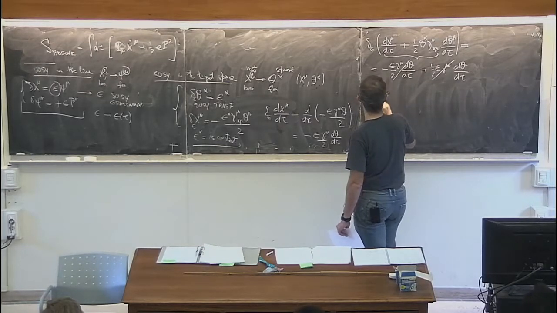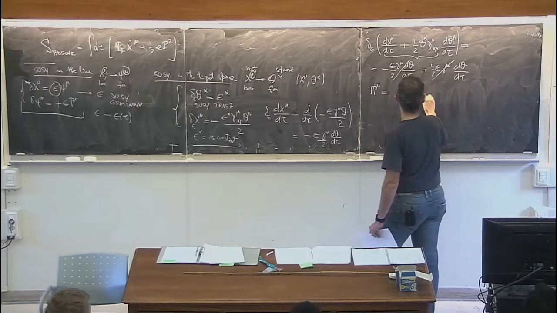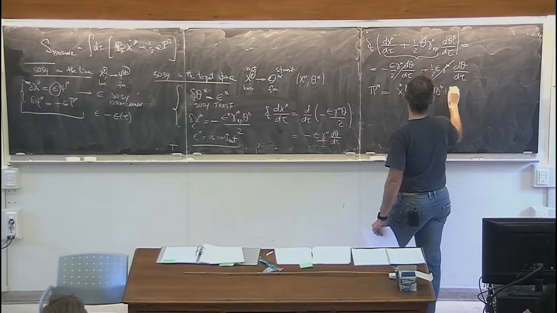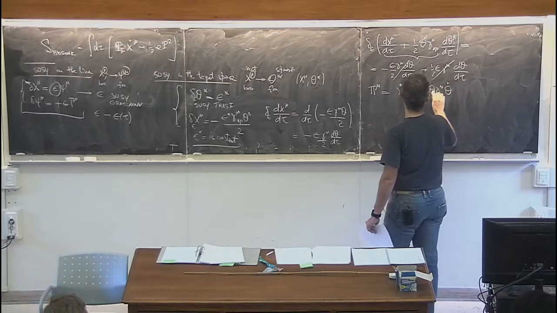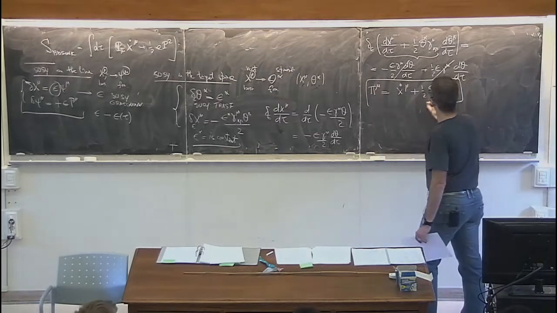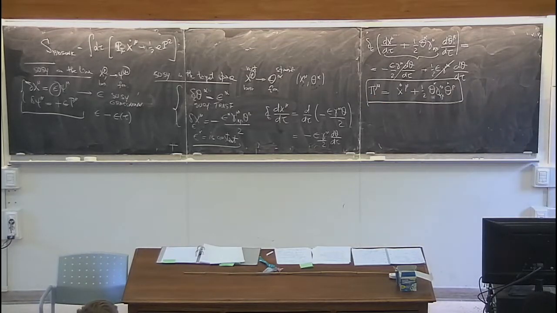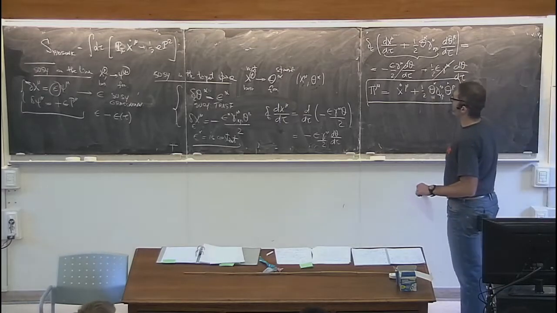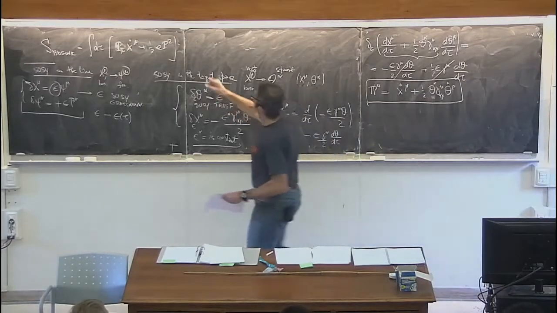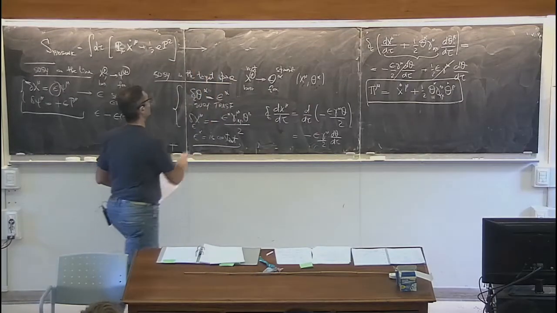Let me call it pi. So pi mu is x mu plus half of theta gamma mu theta. Okay, so this means my action becomes a supersymmetric action if I do the following.